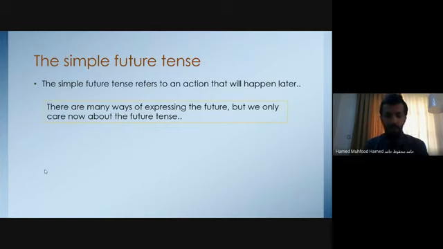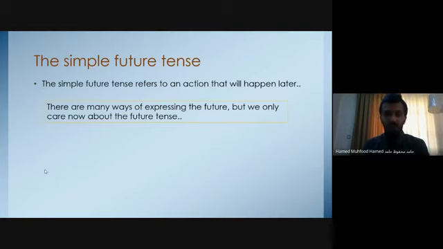Like, for example, when I say I'm going to my school, I'm going to my college next week. It means, of course, that I'm talking about an action that is going to happen next week, but I'm not using the future tense formation, right?